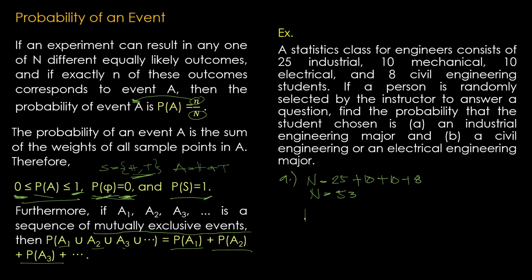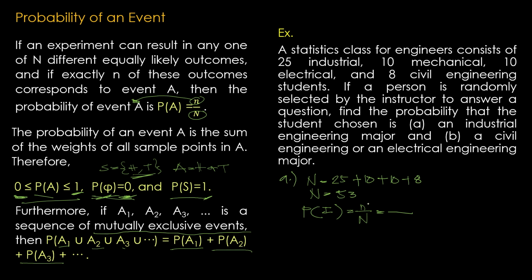student. So the probability of choosing an industrial engineering major student is equal to the small n over the big N, where the small n is the outcomes which correspond to our event I, wherein event I is the event of choosing an industrial engineering major student.